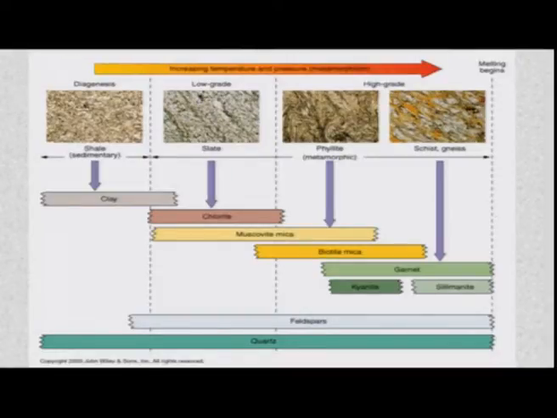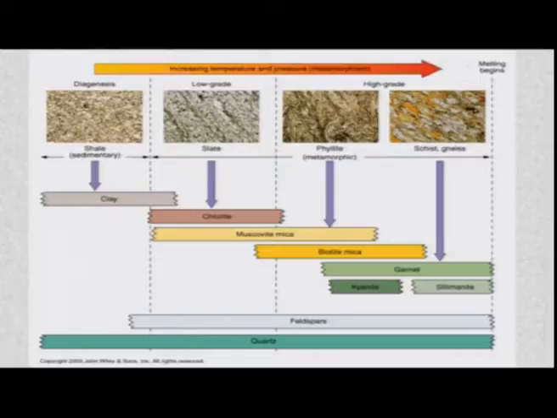If you go deeper into the earth, you are reaching where the melting of rocks will start. Okay, so please remember this, and you can refer to the second slide or the third slide where we are talking about the different types of rocks, like shale to slate, and then phyllites, and then schist and all that.